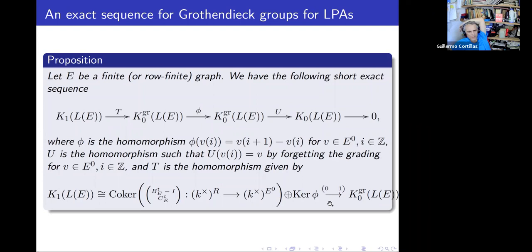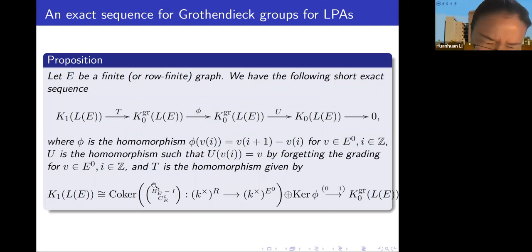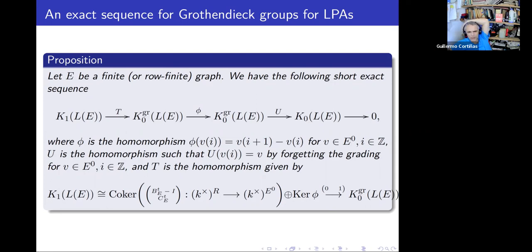Is that the so-called Van den Bergh sequence? Oh, yeah. You mean the exact sequence for a strongly graded ring relating the graded K-theory with the ungraded one?